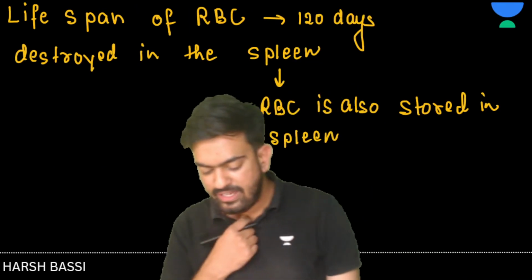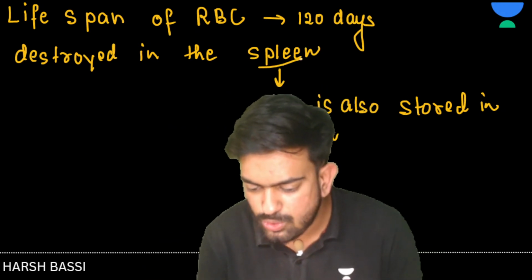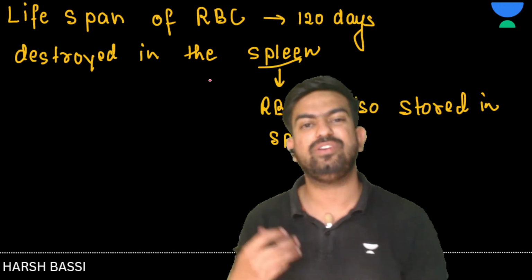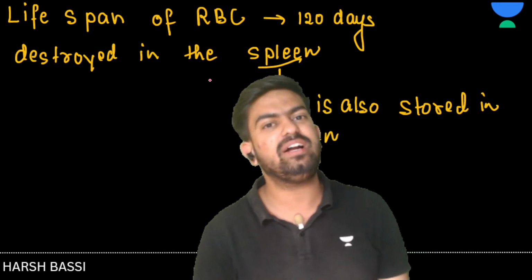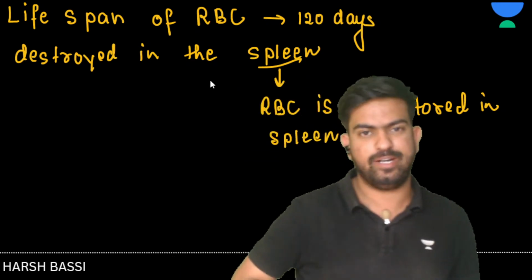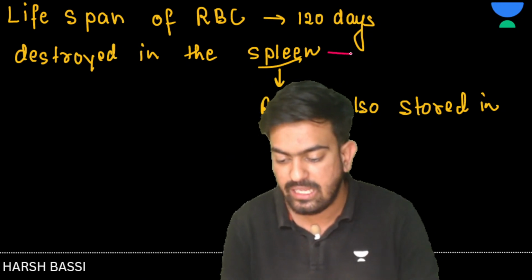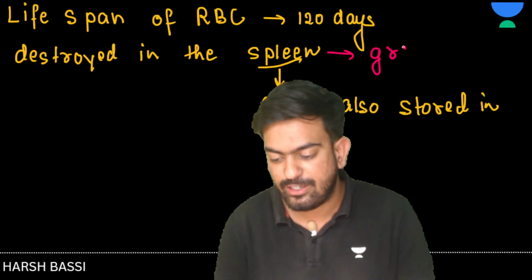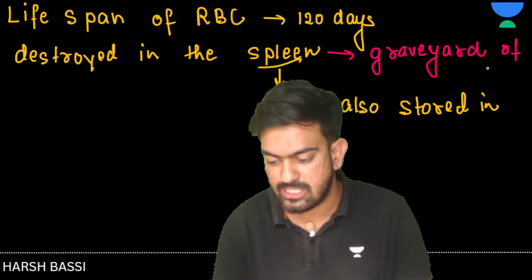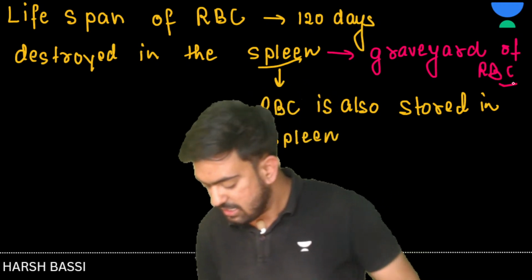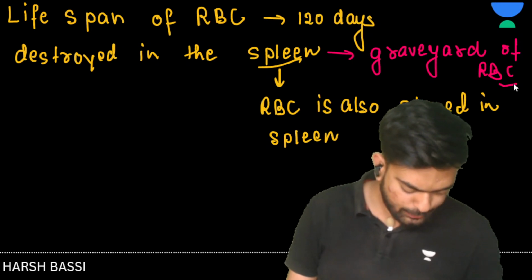One thing we have not discussed: the spleen is also known as the graveyard of RBC. Why the graveyard of RBC? Because RBC is destroyed there. A graveyard is where we bury the dead bodies. So it is also known as the graveyard of RBC. Clear to everyone?